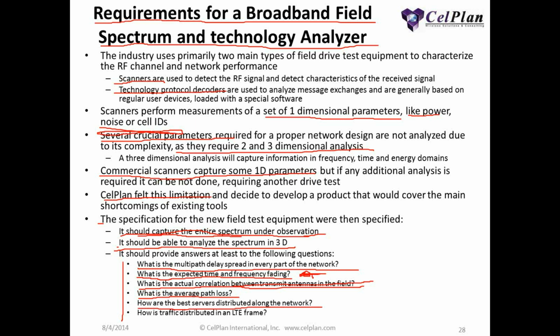This is provided by regular scanners, but the way it is provided was not really very smart. So we said, we need to have something more flexible. And mainly, how is traffic distributed in the LTE frame? Because LTE scheduling is really not transparent to the user. So we said, it's very important that we analyze how the scheduler works.